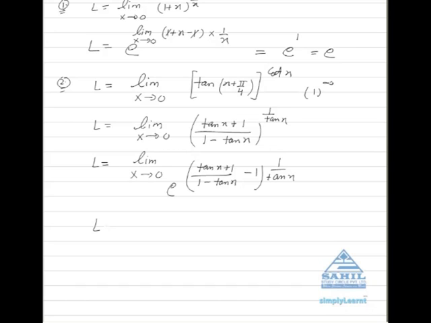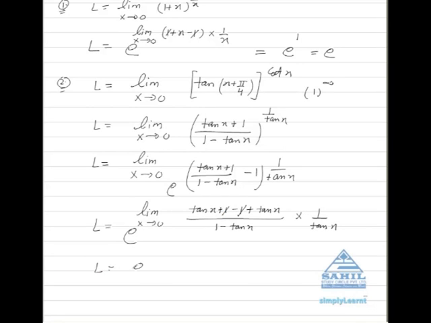So L will become e raised to power limit x tending towards 0 of ((tan x + 1 − 1 + tan x)/(1 − tan x)) into 1/tan x. Now see, 1 and 1 will be cancelled out.